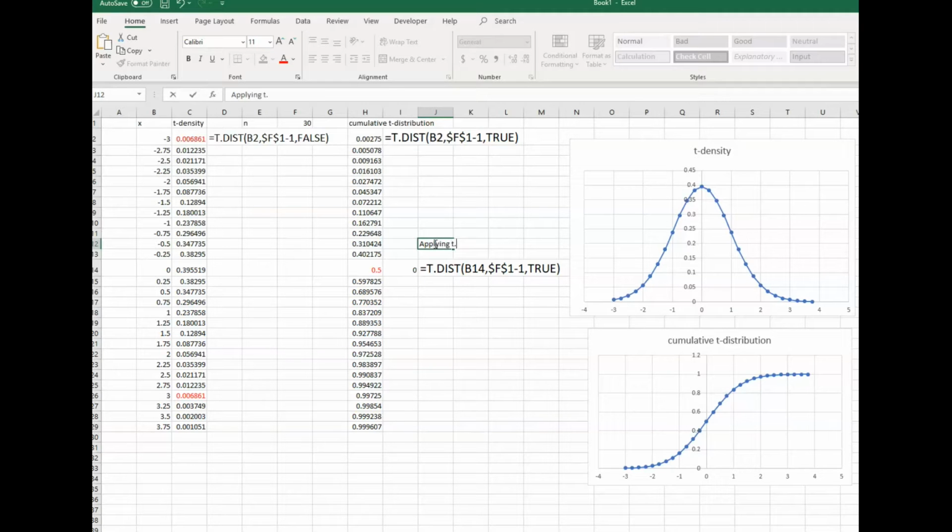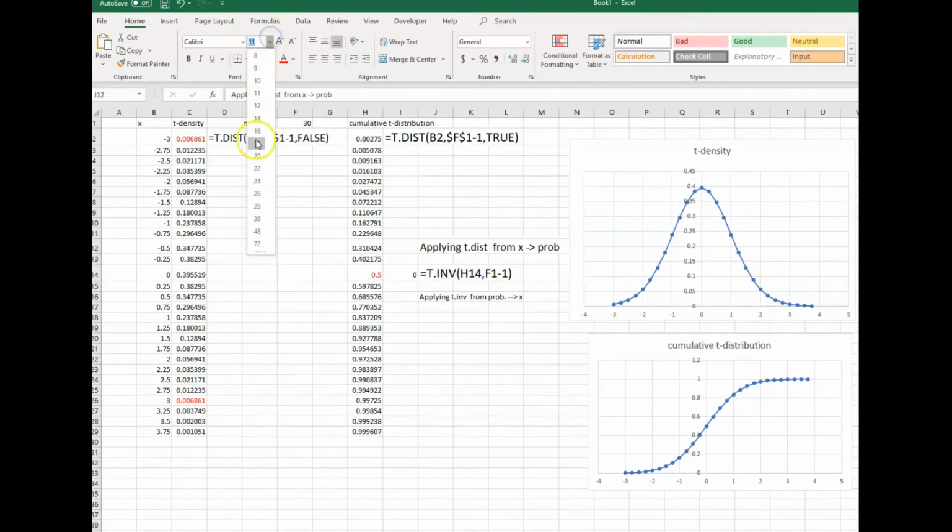And applying T.INV, we go from probability to x. Sorry, that should be, no, this is wrong. Show formula. Okay, so this is this one. So 0.